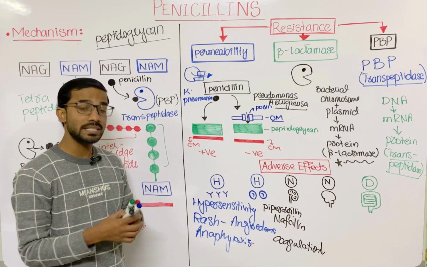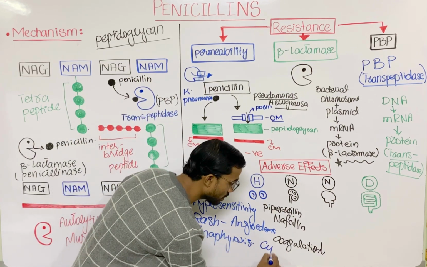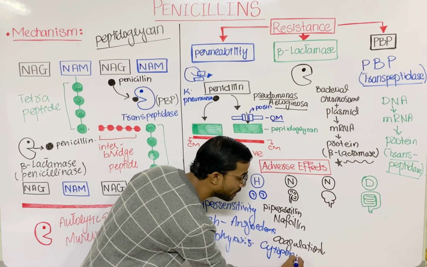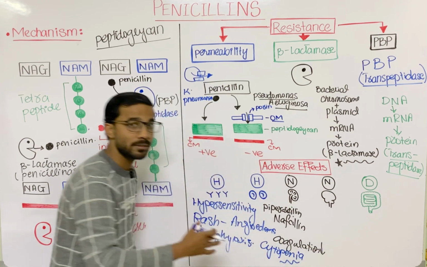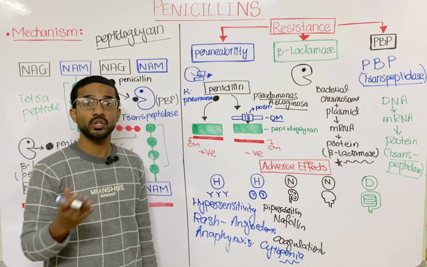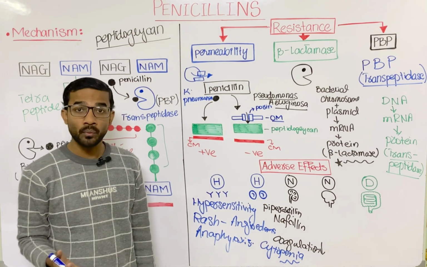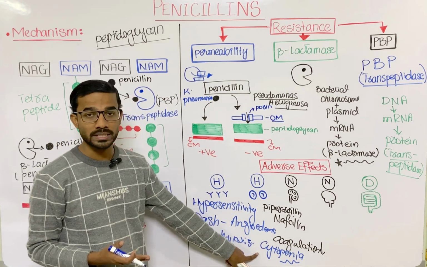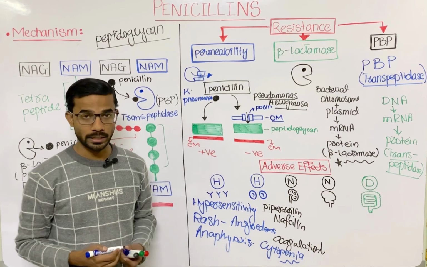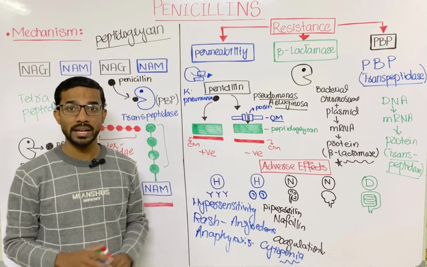You can also see cytopenia, reduced blood count, when the regimen time is greater than 2 weeks. When someone takes penicillin for greater than 2 weeks, then that patient will also face cytopenia, reduced blood count. Okay, that is the hematological effects.